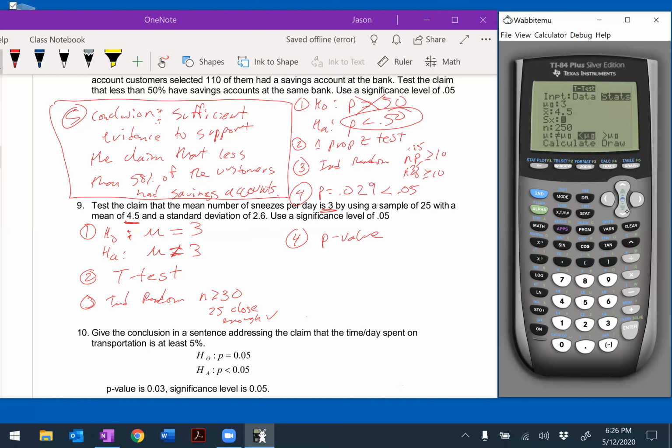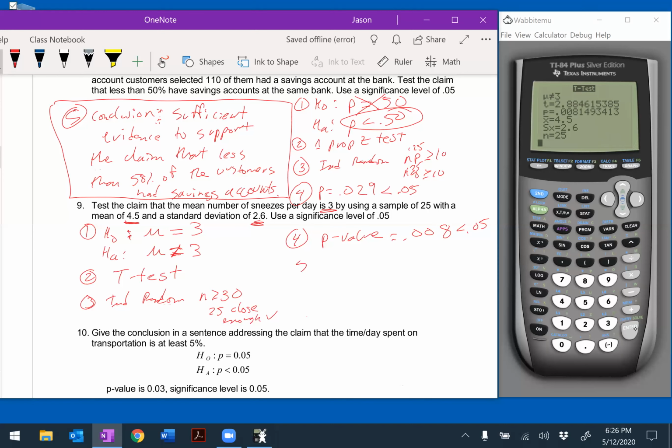What's the standard deviation? 2.6. How many people in the survey? There were 25, and we're going to go with not equals. Let me make sure I plug that in correctly: 3, 4.5, 2.6, 25, and not equals. Let's calculate that. The p-value is 0.008, very small, which is less than 0.05.